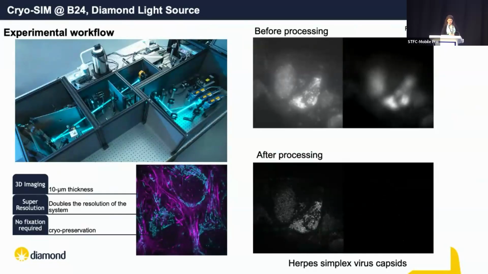This allows us to explore tens of nanometer thick cells, and also it allows us to work in a cryopreserved state, so we don't need to work on cells prior to vitrification. So this allows us also to understand the quality of the vitrification of the grid itself.